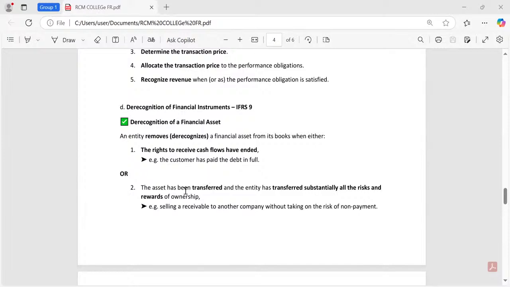Or number two, the asset has been transferred and the entity has transferred substantially all the risks and rewards of ownership, e.g. selling a receivable to another company without taking on the risk of non-payment. Doing in this case what we call a non-recourse factoring.